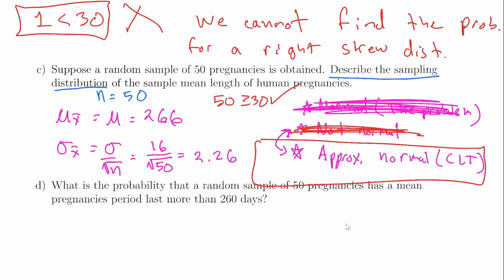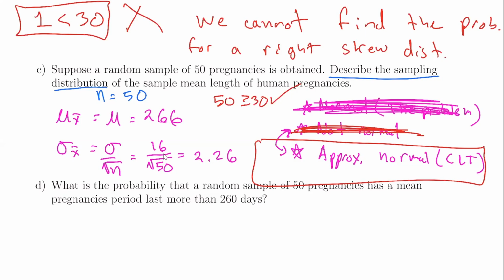For this one, we didn't need to figure out the 2.26 as the sigma? No, for this one, you do need to figure out that the 2.26 is the sigma, because sigma of x bar is always equal to sigma divided by square root of n.